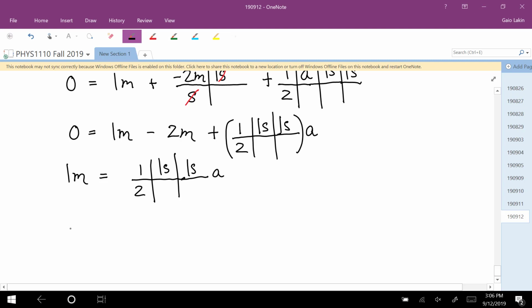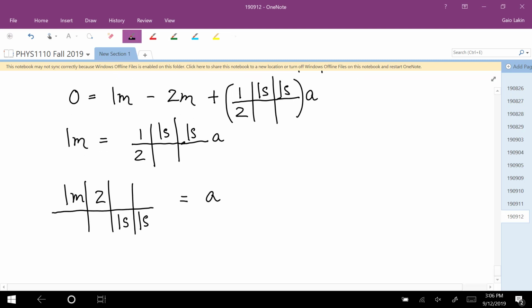And so we get 1 meter times 2 over 1 second times 1 second, and this is equal to A. And we get that A is equal to +2 meters per second squared.